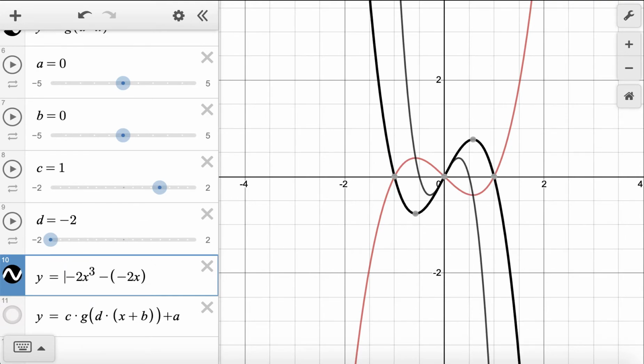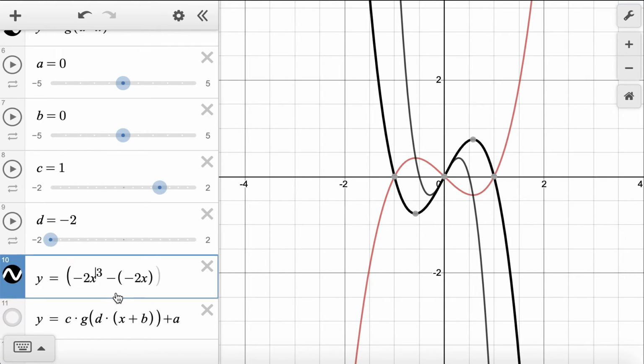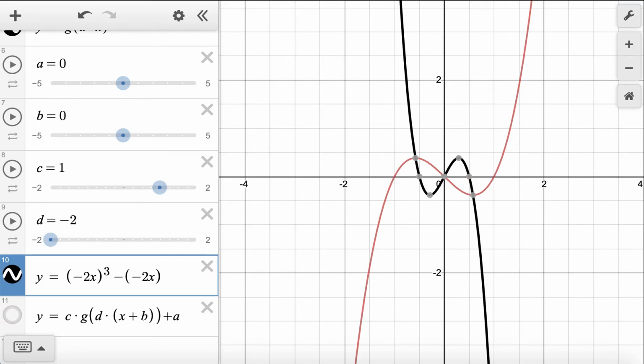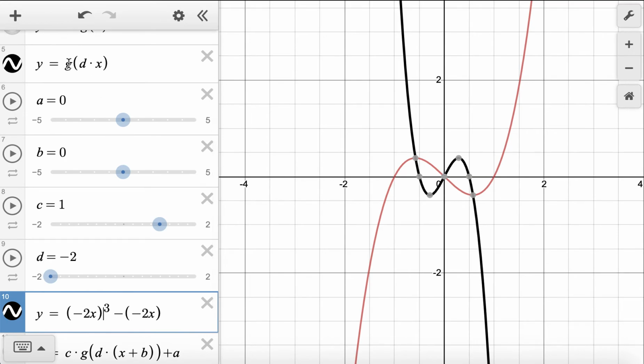If I didn't have these parentheses, it would not look the same. This is a different equation. There we go. So each time I replace every x in the equation with a -2x, that's what I'm doing when I do this y equals g of d times x, with d as -2. I'm saying to put into this function, instead of x, put in a -2x.